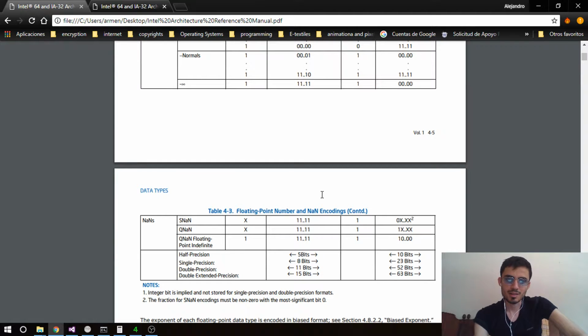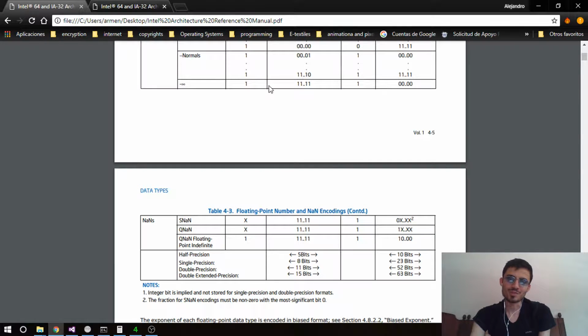It has, it's an infinite, and it has an implied integer, which is 1 as well, and it has 0 x x x x x x x x x x x x. Oh, I see. So that's the way they represent it.